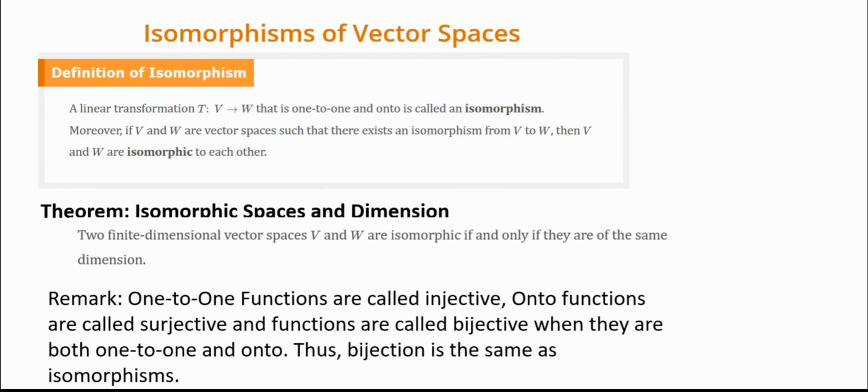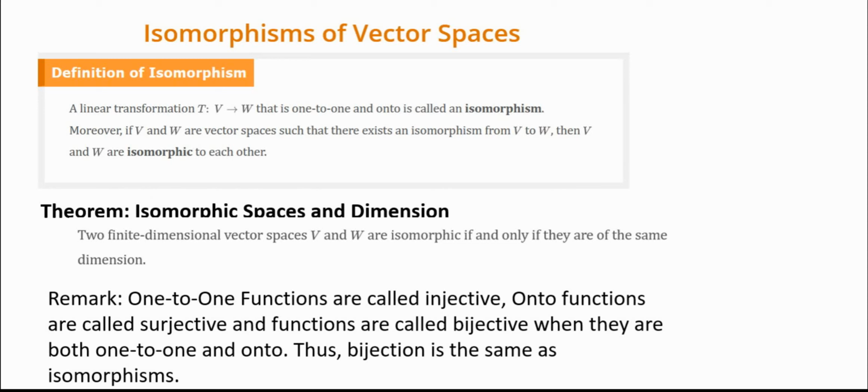Yes. So now the last concept, and then we'll look at some problems, and hopefully I won't confuse the heck out of you. Isomorphisms of vector spaces. Definition of isomorphisms. A linear transformation T that is one to one and onto is called an isomorphism.